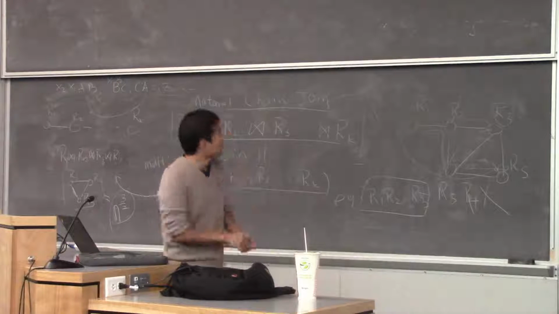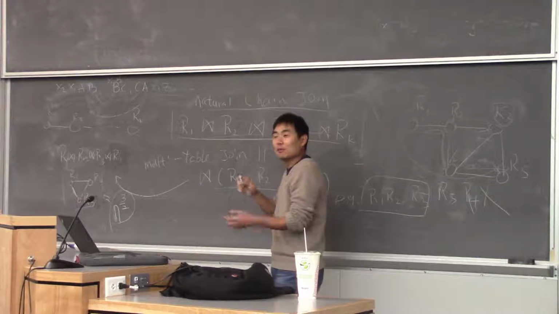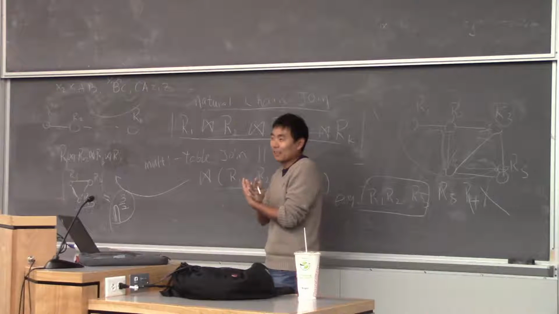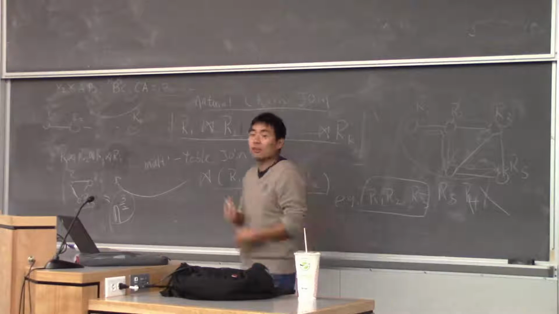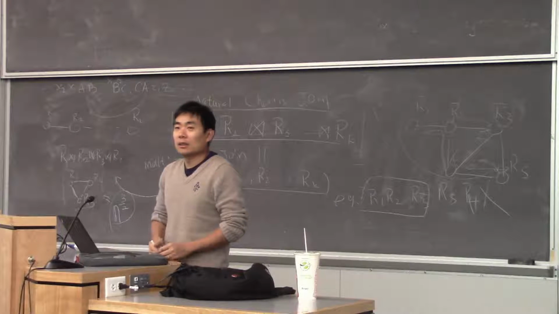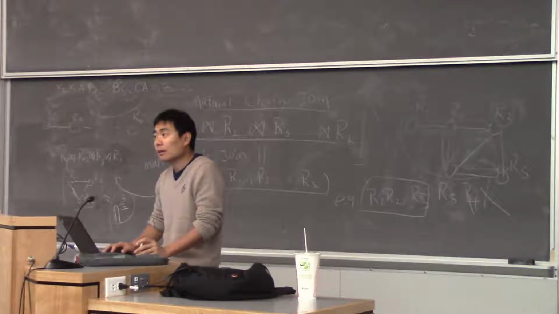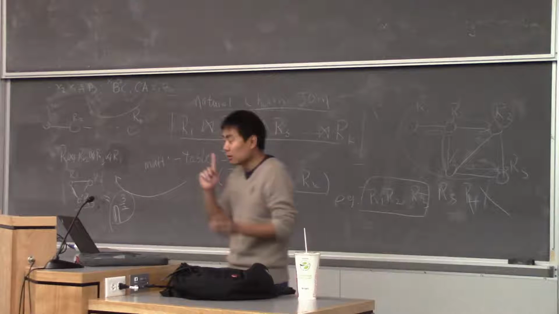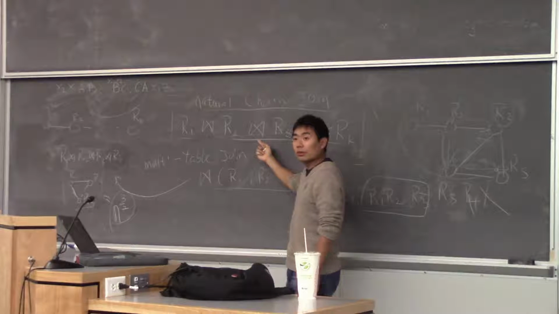We focus on simple chain join, and we focus on left-deep trees for chain join. Not necessarily natural join, but we focus on chain join and left-deep trees. You follow me? Even for chain join, keep in mind, you still have many orders to do this.